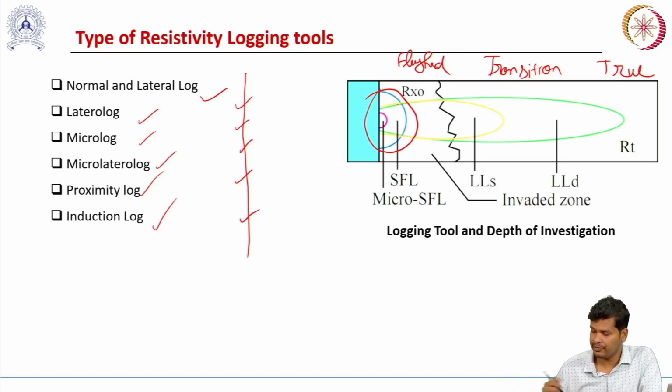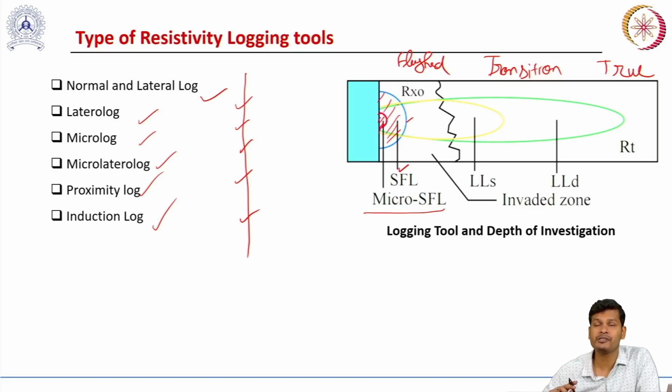For example, two logging tools: one is the SFL, the blue circle, which shows the depth of investigation of the SFL logging tool, a spherically focused logging tool. The second is the micro SFL logging tool, a micro spherically focused logging tool, which has a very small depth of investigation. You can see these two logging tools can only investigate in this area. That means they will be measuring only the flushed zone resistivity, Rxo.